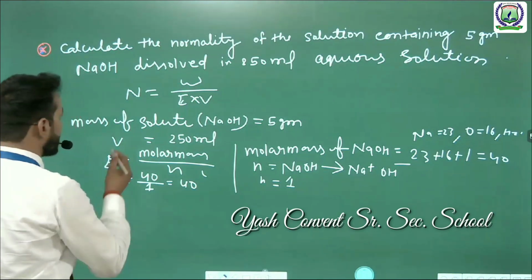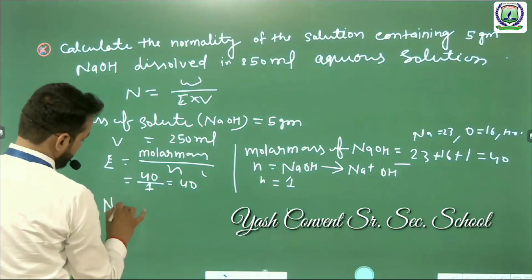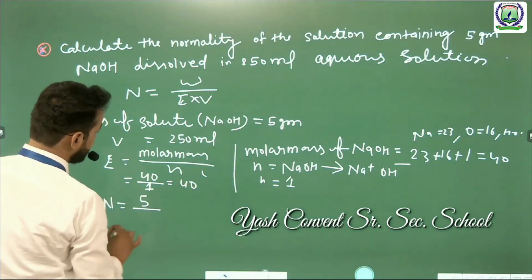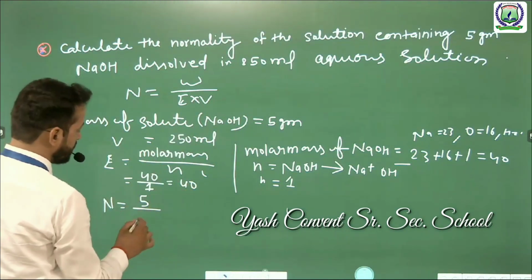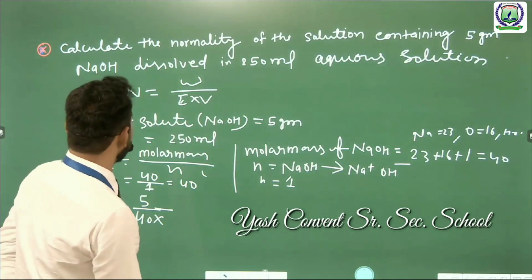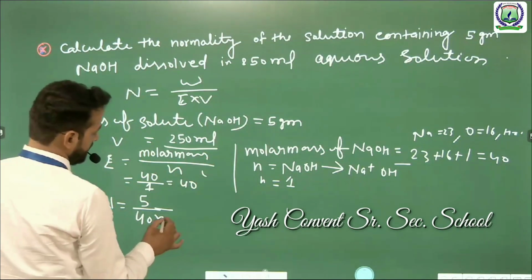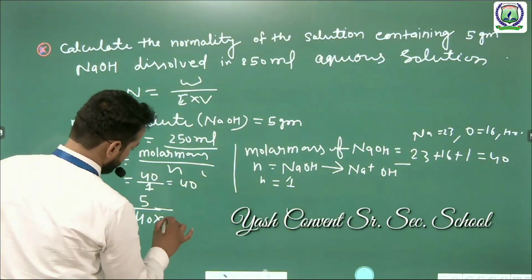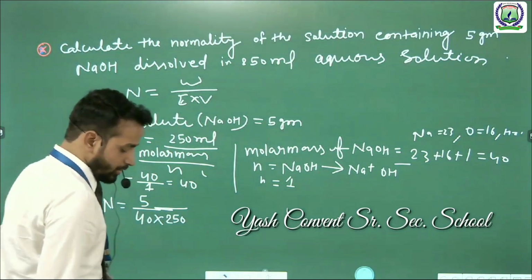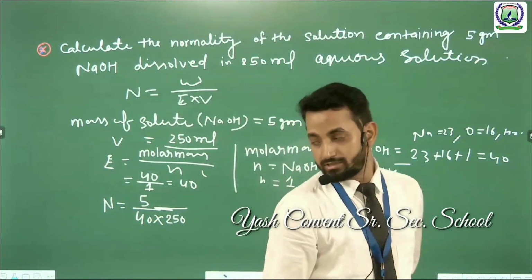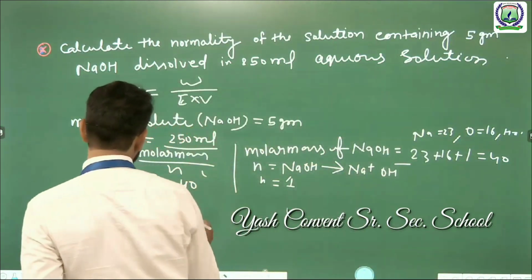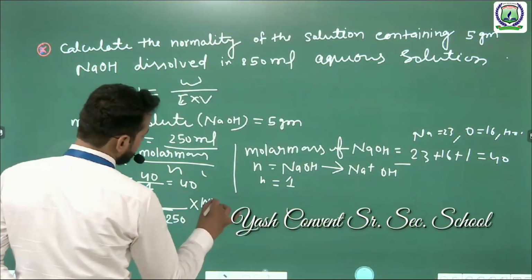So we will find the normality. N is equal to mass of solute, 5 gram given in the question, upon equivalent mass 40 and volume of solution 250 ml. The volume of solution is 250 ml, so it is converted into liters. We will multiply by 1000.